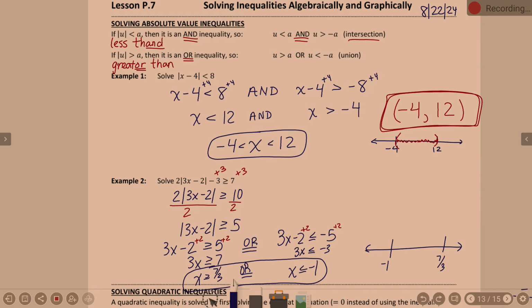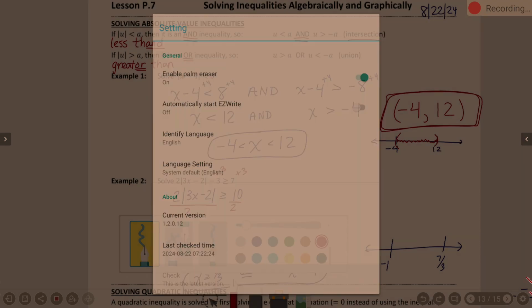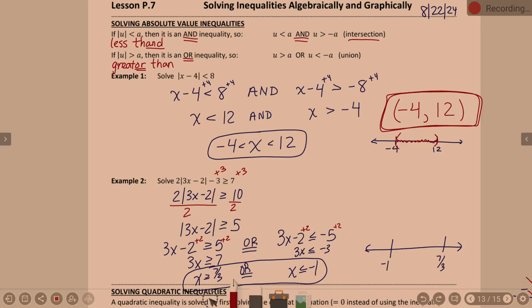X greater than or equal to 7/3 goes to the right. Okay. So to the right of 7/3, and 7/3 has a bracket. Less than or equal to negative 1 goes left of negative 1 with a bracket.